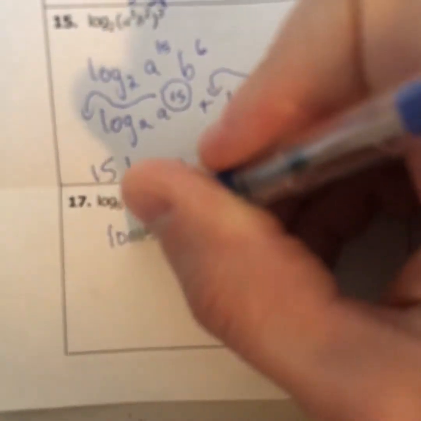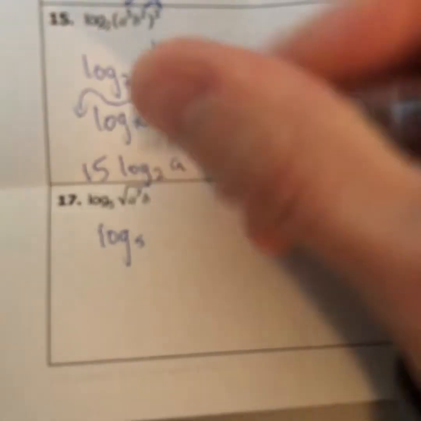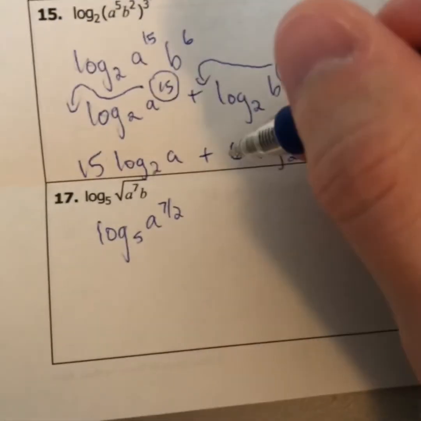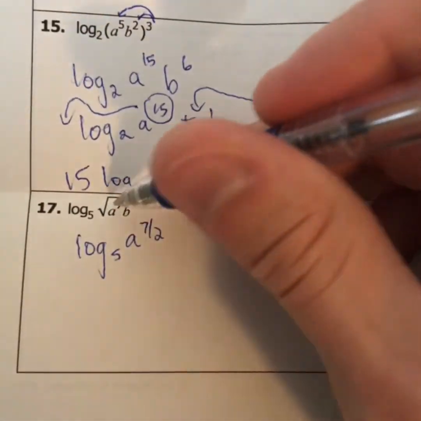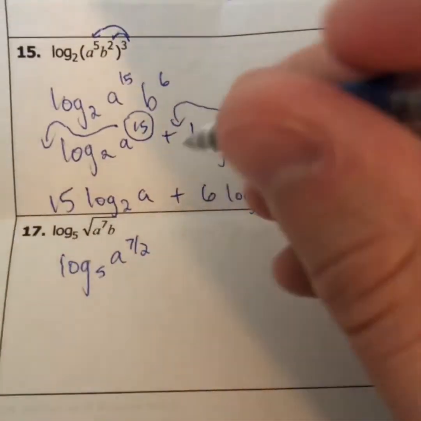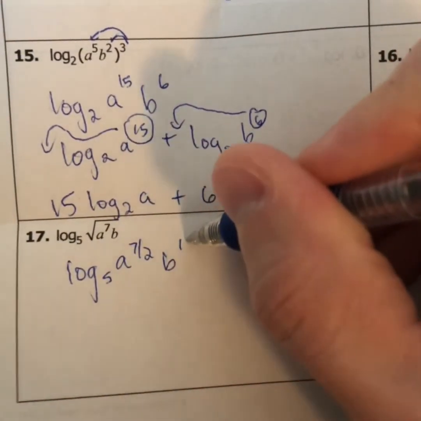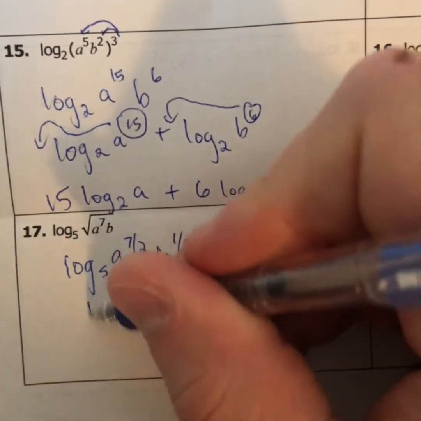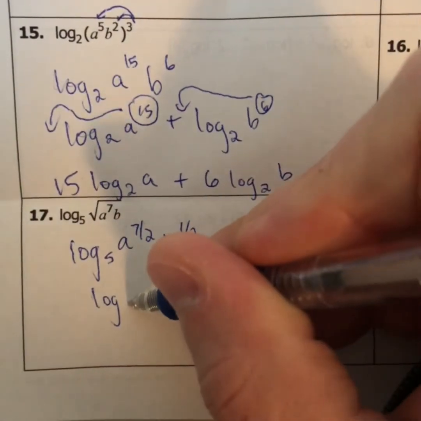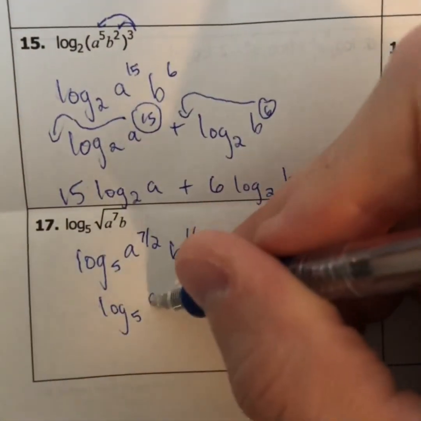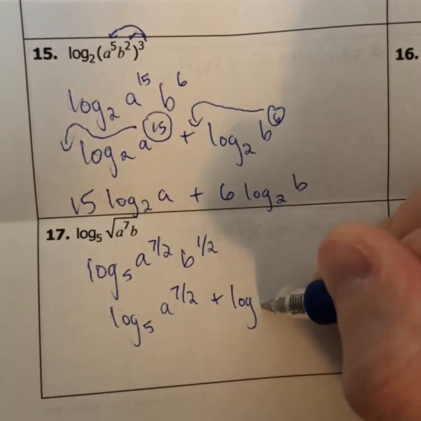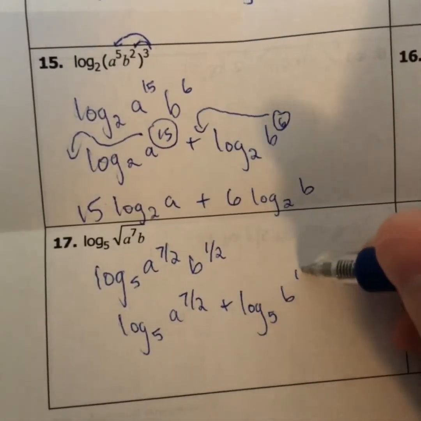All right, so here we go, the last one. I'm going to say log base 5 of a to the 7/2, because when you take the square root, remember it's like raising to the 1/2 exponent, so we're just going to multiply those, get b to the 1/2 here, and now we're going to do the same thing we did in 15. Log base 5 of a to the 7/2 plus log base 5 of b to the 1/2.